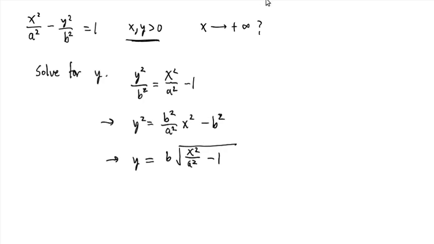And so here's the idea. If we're taking a limit as x approaches positive infinity, then as x gets very large, the x squared over a squared term gets very large. But the negative 1 is obviously a constant, so as x gets very, very large, and we're being kind of loose here with the limits, this minus 1 becomes negligible.